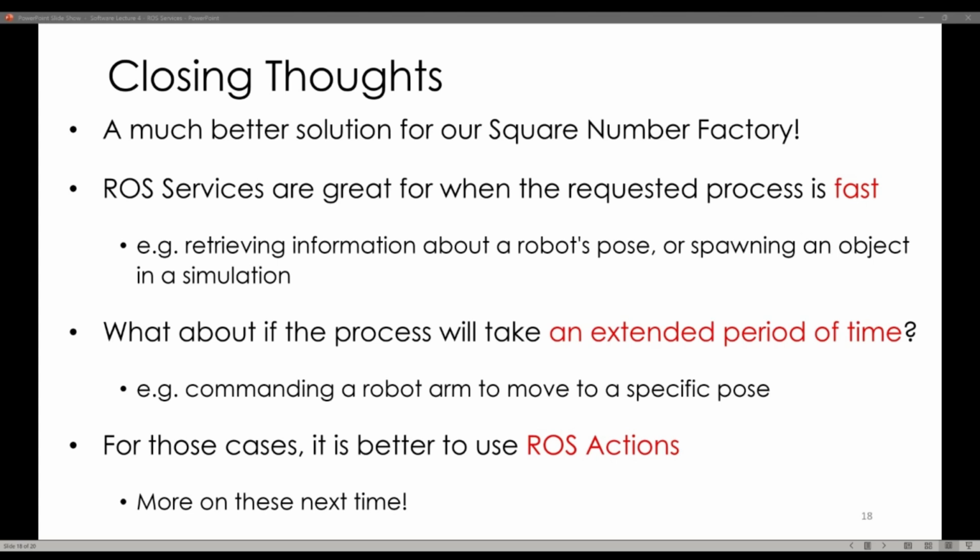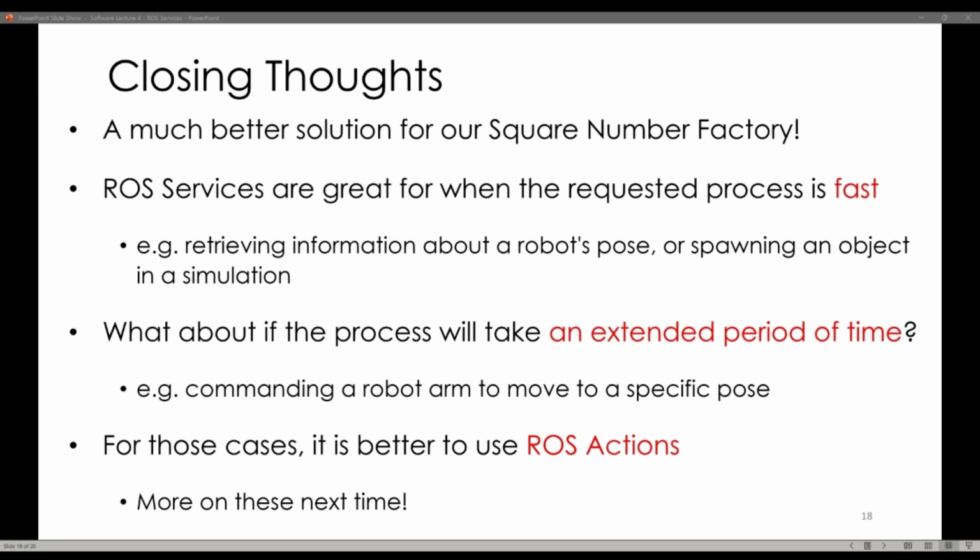Okay, I think we can all agree that the ROS service approach is a much better solution to the square number factory, because we've now got a one-to-one back and forth two-way system, as opposed to the relatively messy approach of using a simple publisher-subscriber. Now we've only got two nodes, and one client talks to the one server, which then talks back to that specific client.